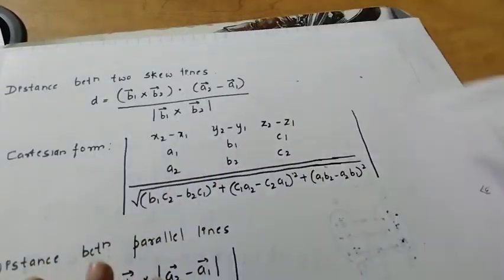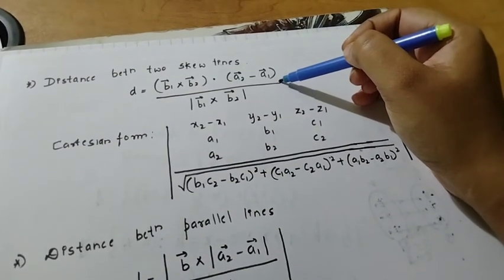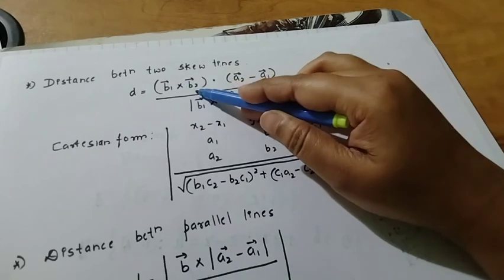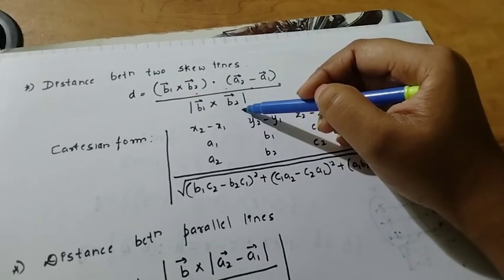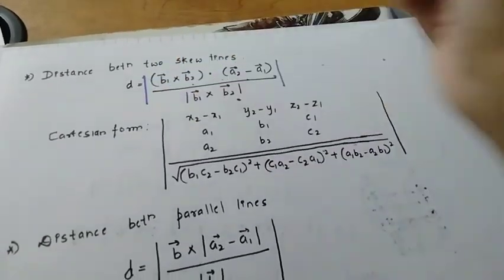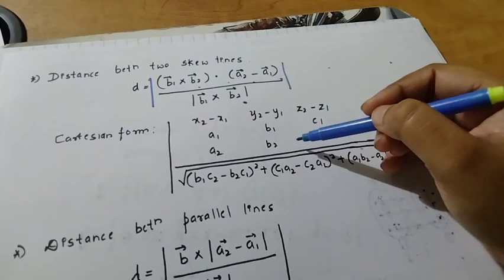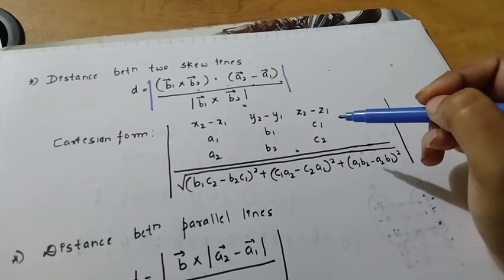So after that we have seen the distance for the skew lines. Skew lines we have just now solved. B1 cross B2 dot product with A2 minus A1 divided by magnitude of B1 cross B2. In the same Cartesian form also, you are going to use this formula.